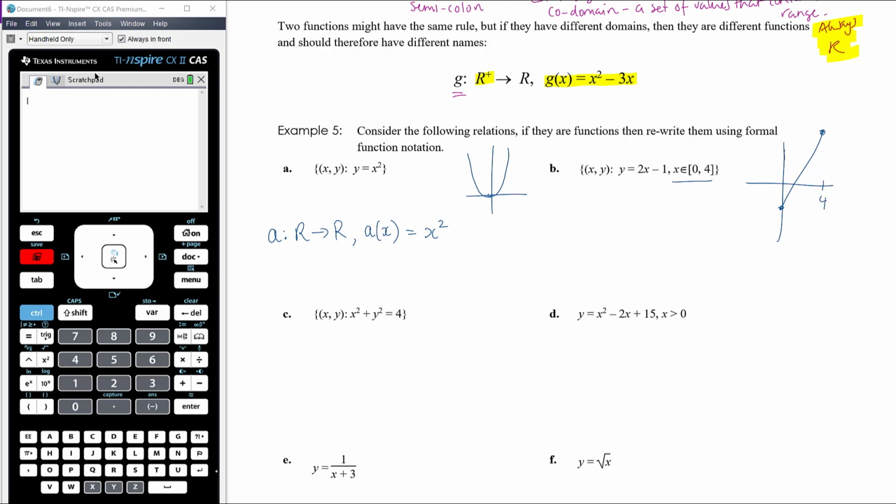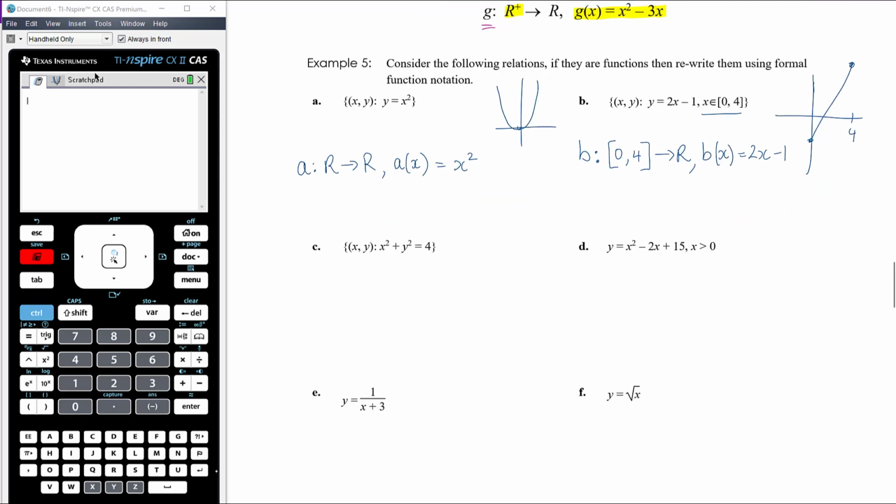So we've been given the domain here, and it's not R. We're not assuming the implied domain. We've got some sort of restriction happening here. So let's call this function b, semicolon. We then need the domain, which we've been given in the question. So we're just looking at input values from 0 to 4. They are turned into new numbers, which are part of the real number set, and that happens according to the rule b of x equals 2x minus 1.